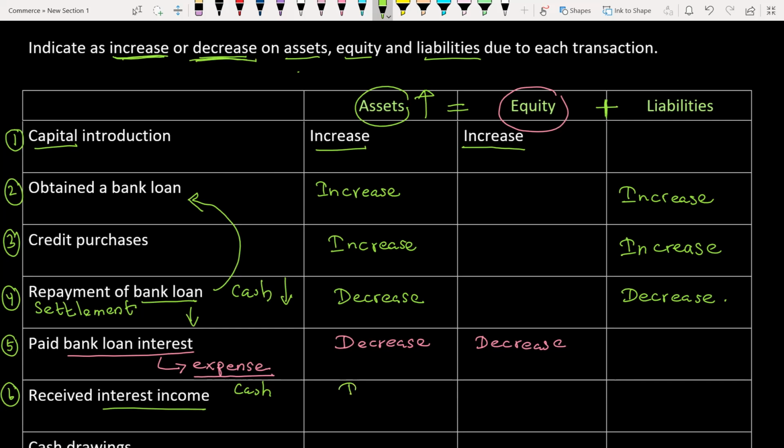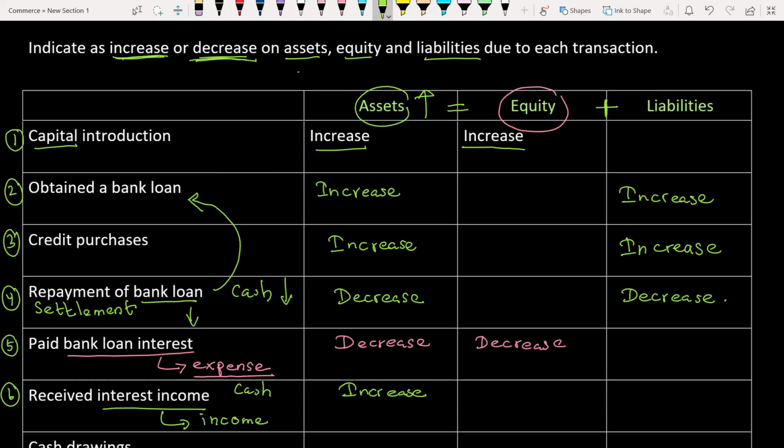Also, we know that income leads to increased equity. Income increases the value of assets that belongs to the owner of the business.